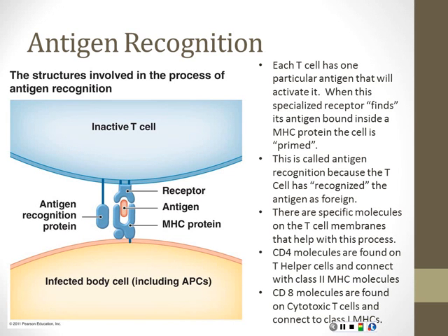And the last connection I want to make about this sort of code system is CD8 goes with class 1 and CD4 goes with class 2. So the cytotoxic T cells, the CD8 lymphocytes, interact with class 1 MHCs. The T helper cells, the CD4 lymphocytes, interact with class 2 MHCs.